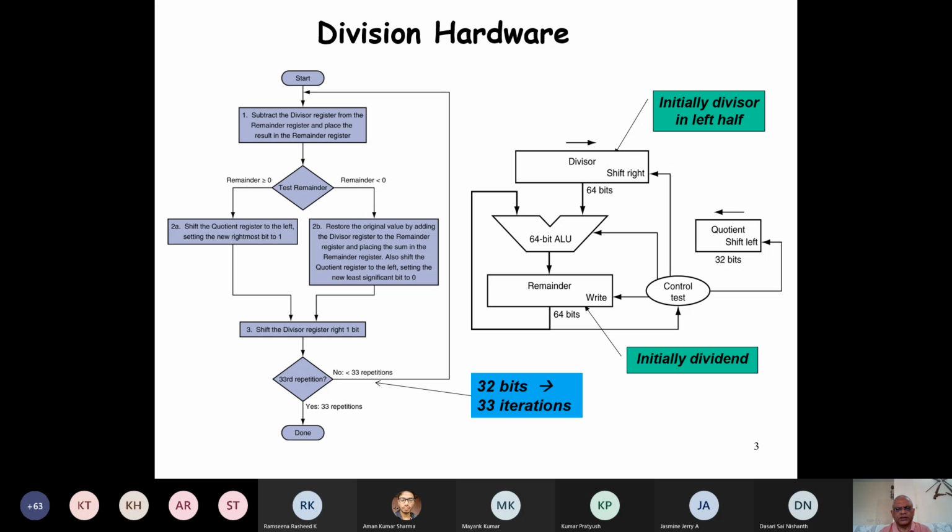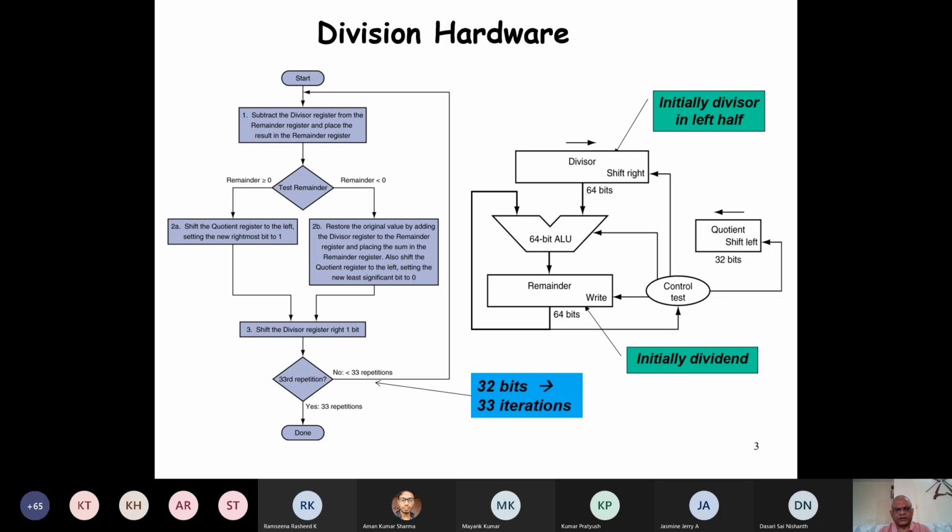When we have the divisor on the most significant 32 bits, and the dividend in the least significant 32 bits, and we do a 64-bit subtraction, where the 32 least significant bits of the divisor are zeros, and the 32 most significant bits of the remainder are all zeros.